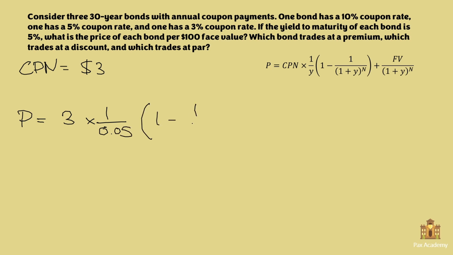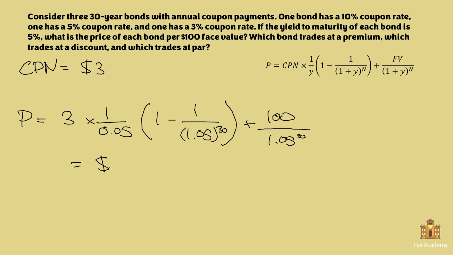Open brackets, 1 minus 1 over 1.05 to the power of 30, plus 100 over 1.05 to the power of 30. Again, this should give you 69.26. And therefore we can see that this is lower than the face value. Therefore we can say that this 3% coupon bond trades at a discount.